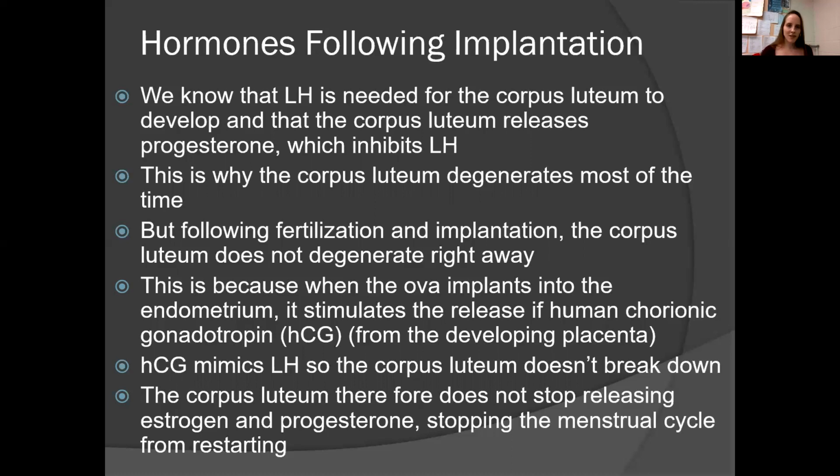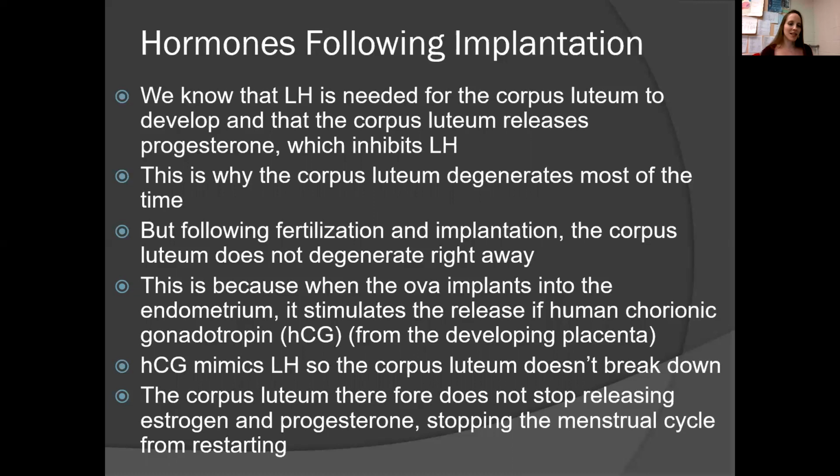So if no pregnancy happens, the corpus luteum will break down into the corpus albicans. If implantation does happen and the woman becomes pregnant, instead there is another hormone that is going to take over the function of LH and continue stimulating the corpus luteum so that it doesn't degenerate.